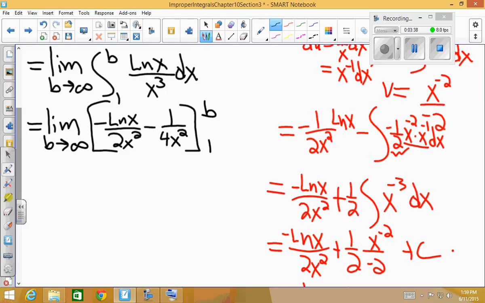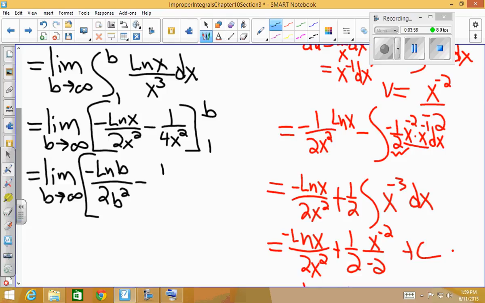Now that we're with a definite integral, we don't need that plus c that we had over there in red. We evaluate by first substituting in the upper limit of integration, so negative natural log of b divided by 2b squared minus 1 over 4b squared.